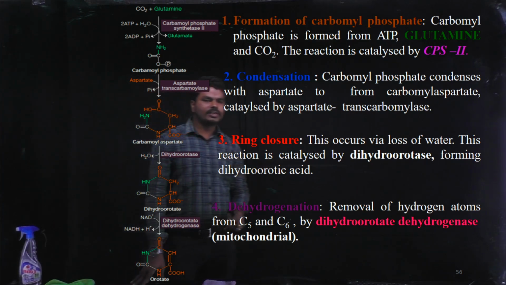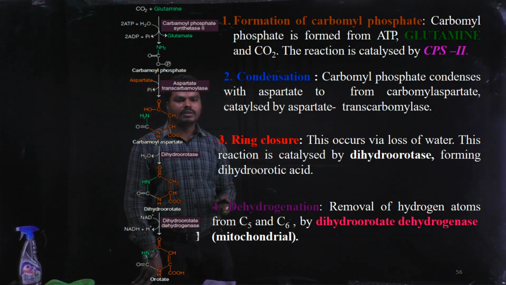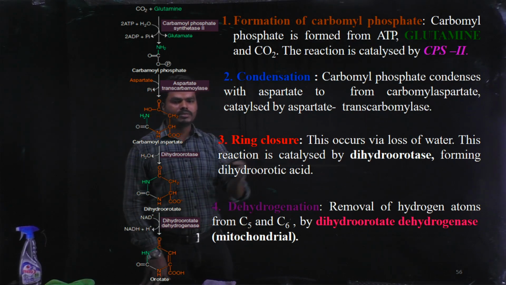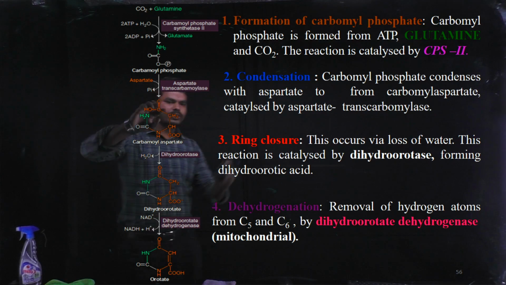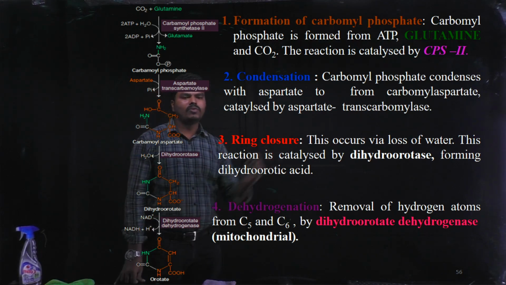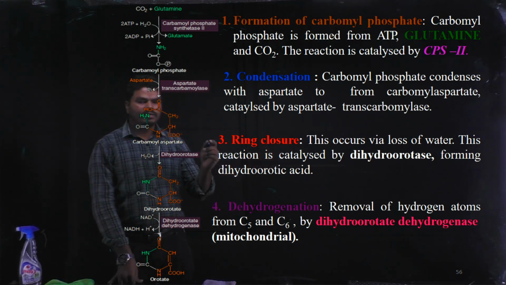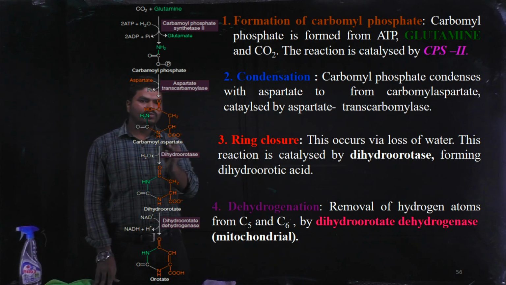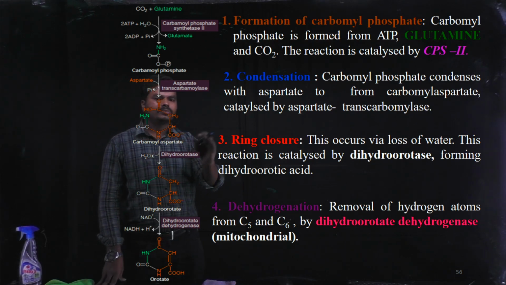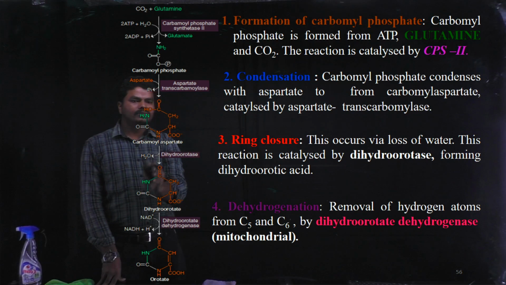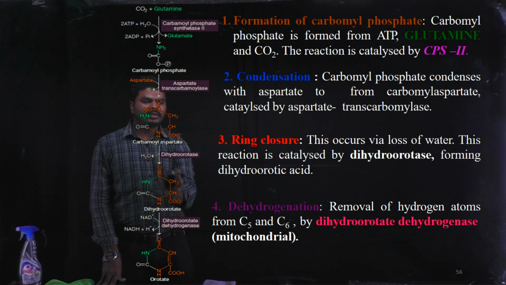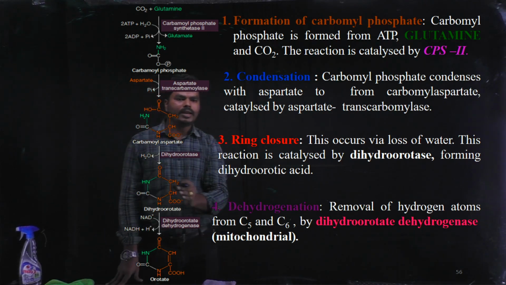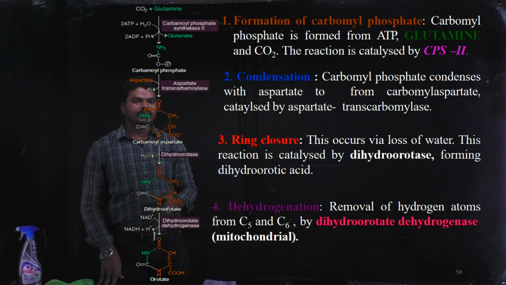And in the third step, a ring closure reaction takes place. So this molecule undergoes ring closure, and this occurs by the loss of water. When this carbamoyl aspartate loses the water molecule, a ring closure reaction takes place, and it forms dihydroorotic acid.